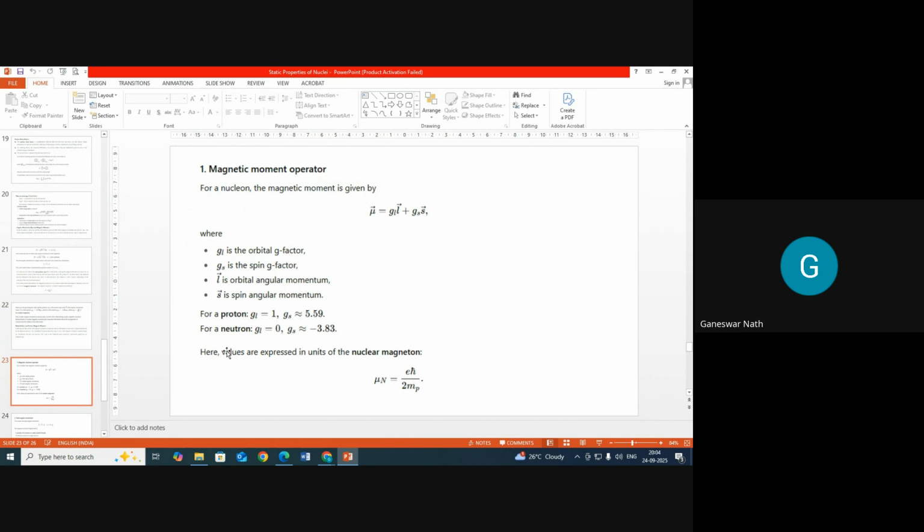Protons are charged particles, so they must create a magnetic moment, which comes from the orbital momentum and also the spin momentum, and you can write mu = gl l + gs s, one contribution due to orbital and the other due to spin. For a proton, gl = 1 and gs = 5.59; for a neutron, gl = 0 and gs = -3.83. These values are expressed in nuclear magnetons, and adding the two, the final expression is in units of mu n = e/(2mp).